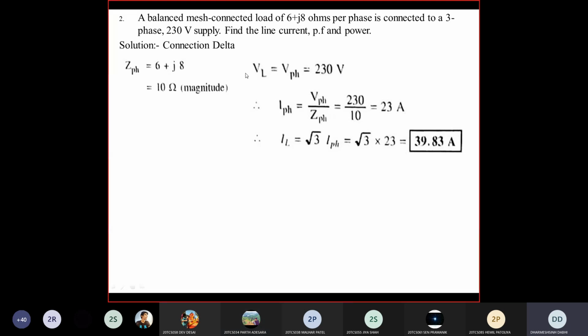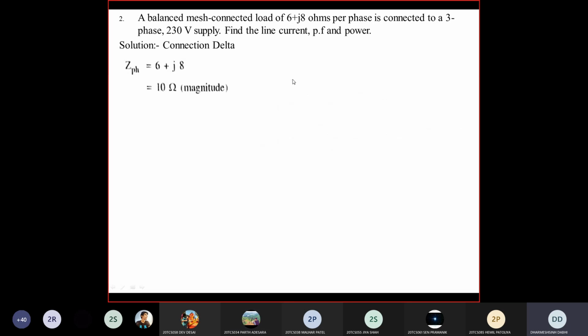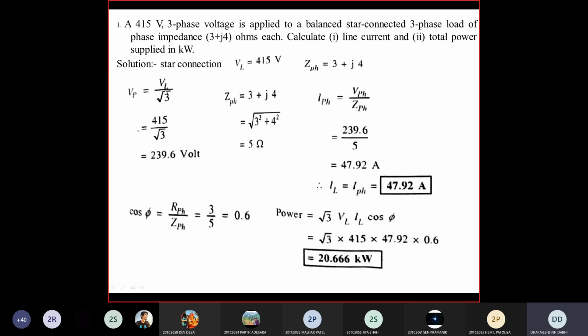Clear? If it were a star connected system, then line voltage is √3 times phase voltage. It means phase voltage is equal to line voltage divided by √3. In the last example, we divided the line voltage by √3 to calculate phase voltage because it is a star connected system. So first see in the example which system you have, star or delta.